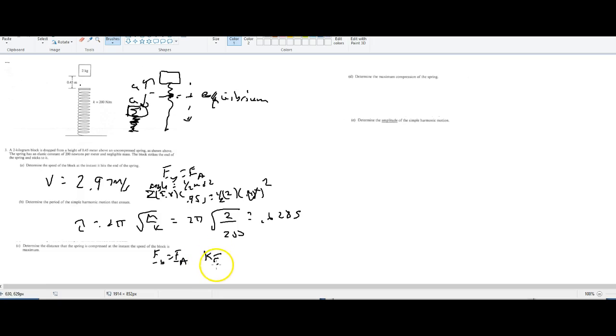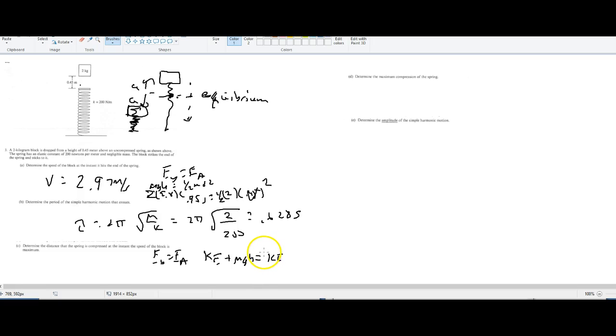But you have to be careful because there's also going to be some potential before it gets to the equilibrium point. So it's above the equilibrium point at that point. And that's equal to, on the other side, kinetic energy. Now, why can't I solve this? Because I don't know how much it gets compressed. I don't know where that equilibrium point is.